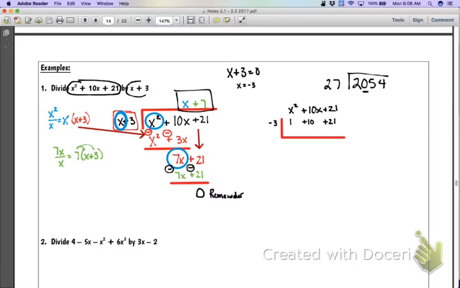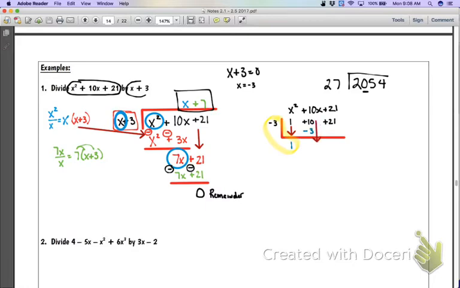If you remember from last time, all I'm going to do is drop my first term. So in doing that, I'm going to have 1. Then multiply those two values. So negative 3 times 1 is negative 3. Just add straight down.